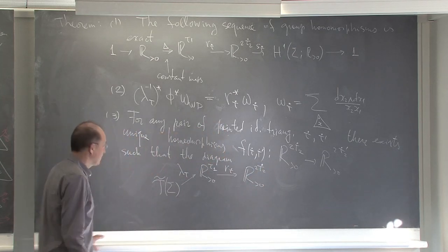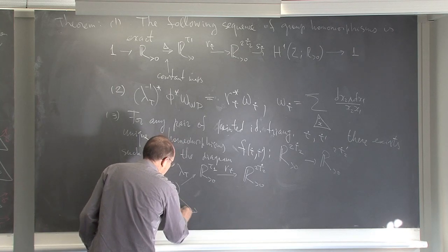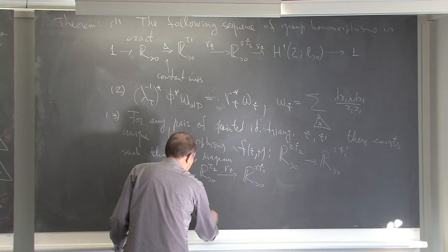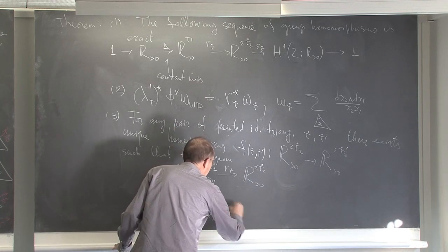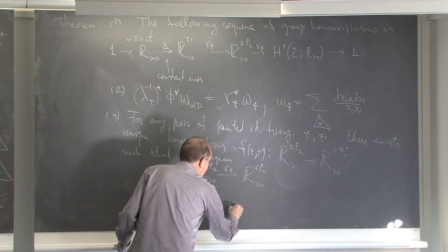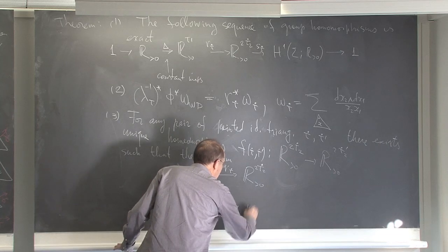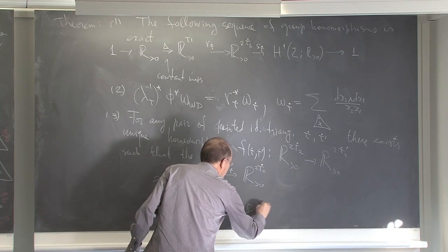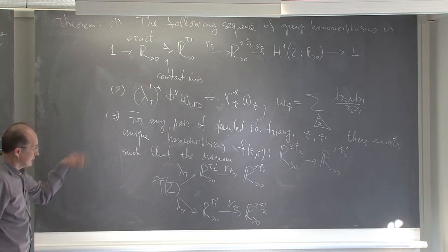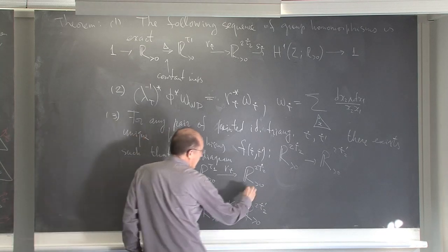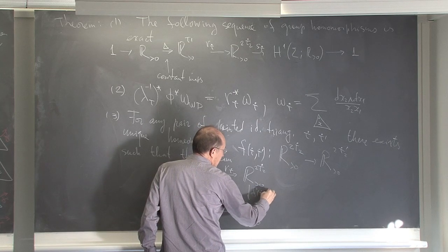Okay, so this is one possibility. Then we can do the same with lambda tau prime, arriving at R positive 2 tau dot prime 2. And then we can close this diagram by adding f of tau dot prime.